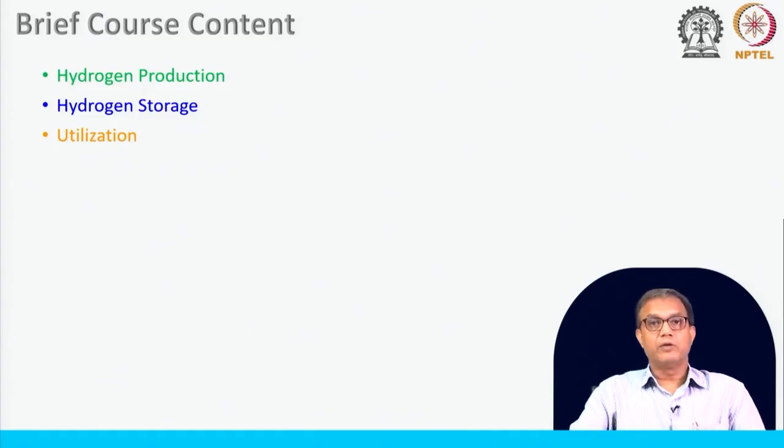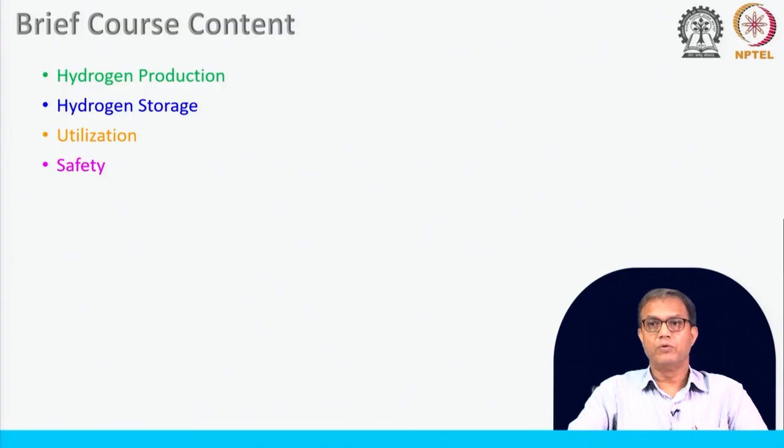Other than that, we have the safety part. Whenever we talk about liquid hydrogen, since it is at cryogenic temperature, there is no problem as such, but as we try to store it in a closed container or in a confinement, because of the heat inleak, it may get pressurized and create safety hazards.